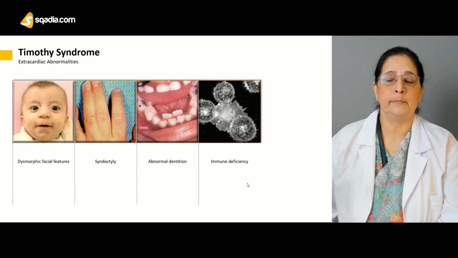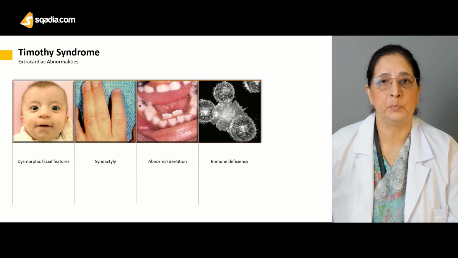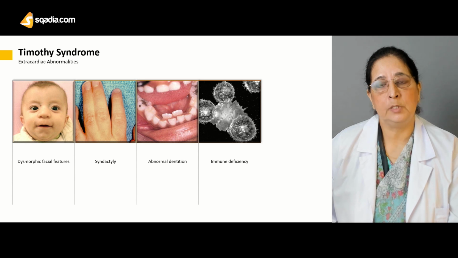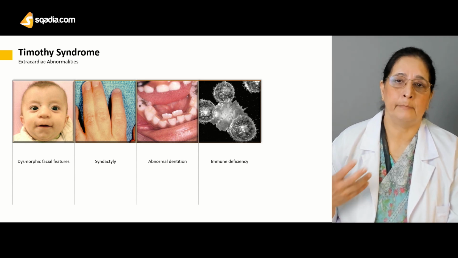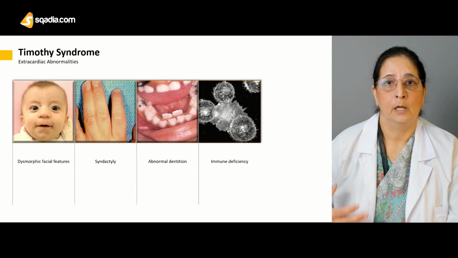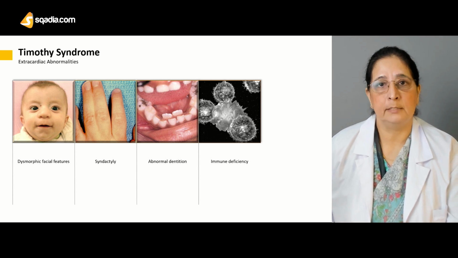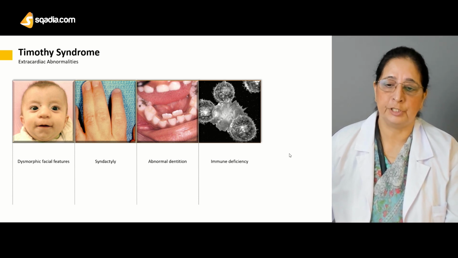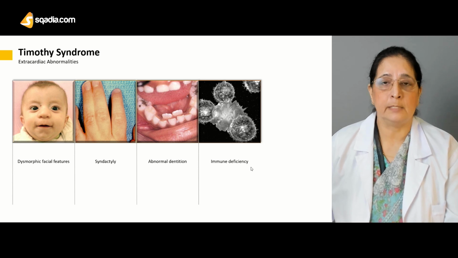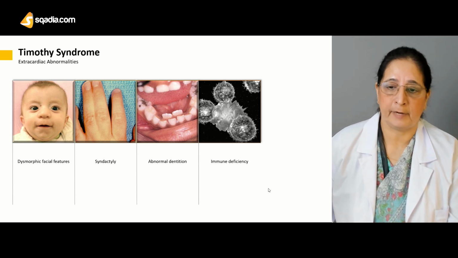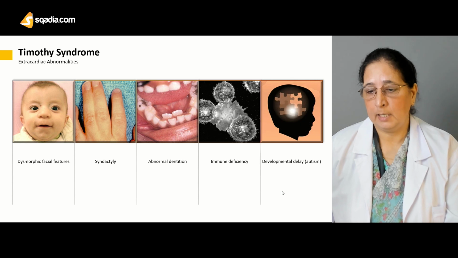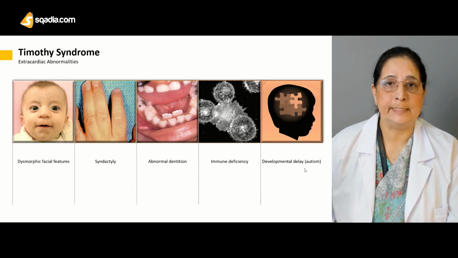The immune system is affected. The cells responsible for the immune system, like macrophages and lymphocytes, are not properly developed, and there is a deficiency of the immune system which fights against infection. Then we have developmental delay.